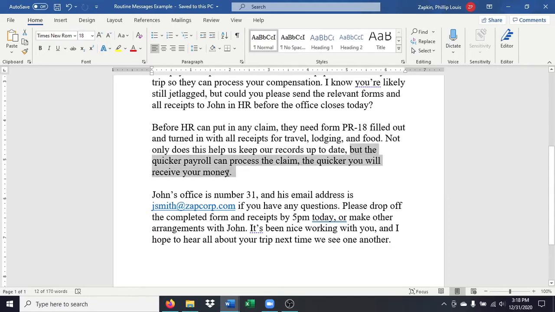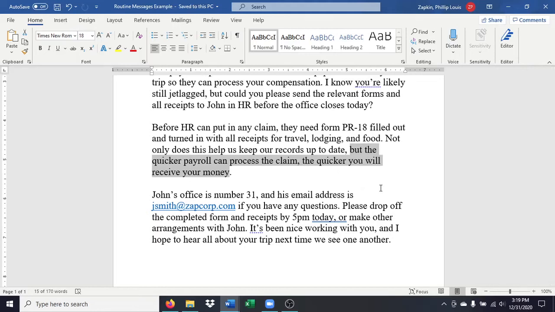But then we move on to the last section of this paragraph. But the quicker payroll can process the claim, the quicker you will receive your money. So this is a very direct explanation of Tomoko's stake in complying with this.